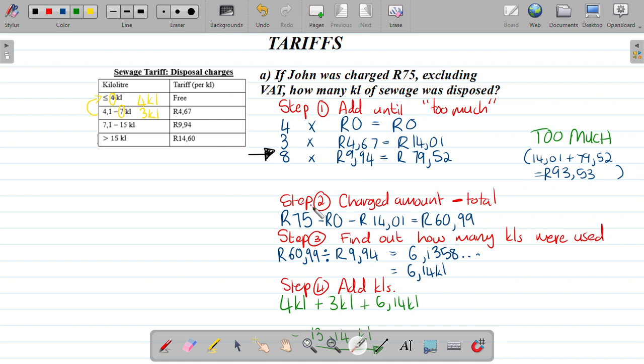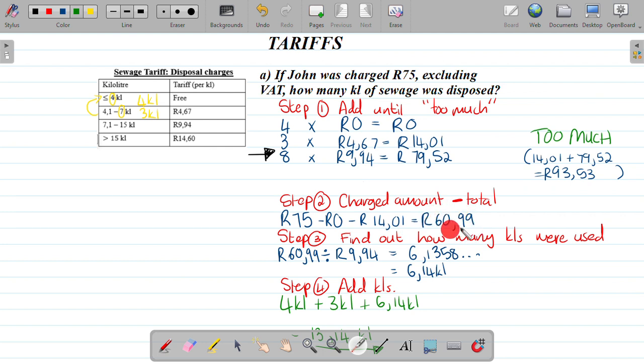Which brings me to step number 2. Step number 2, I'm saying that we take the charged amount, so the 75 Rand, and then you must deduct the total. Now the total is the 0 Rand, and then the 14,01 Rand. And that will give us, so 75 minus 0 minus this, gives me 60,99.